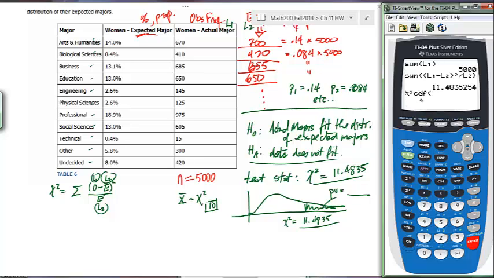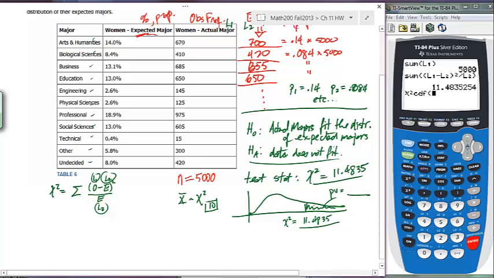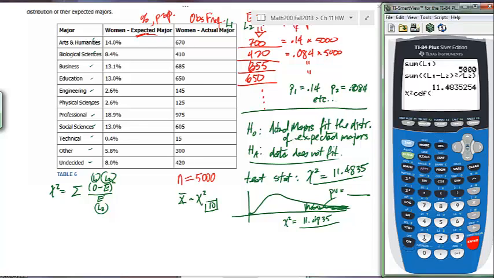And remember, the chi-square CDF takes in a low value, and the region is shaded going upward here, so the low value is 11.4835.